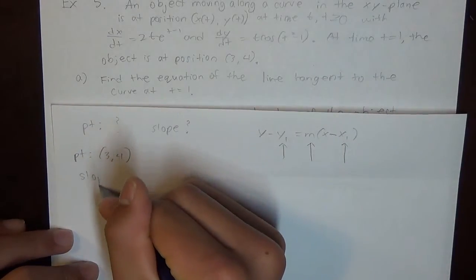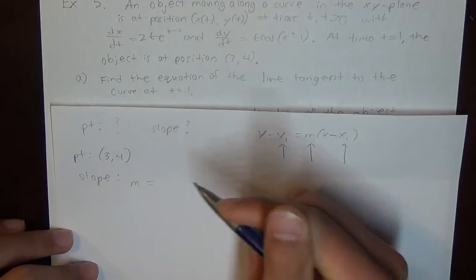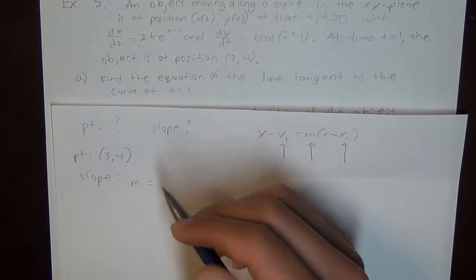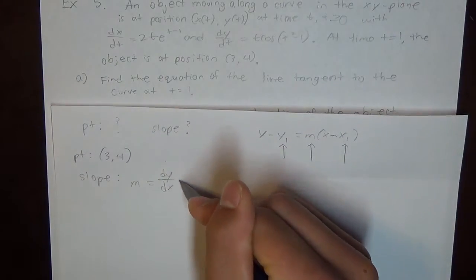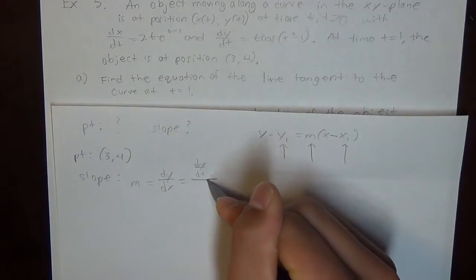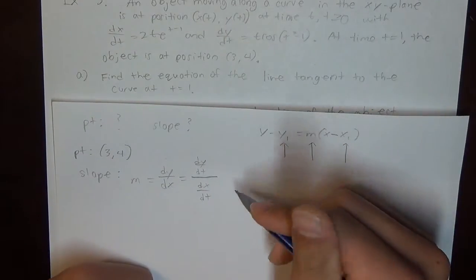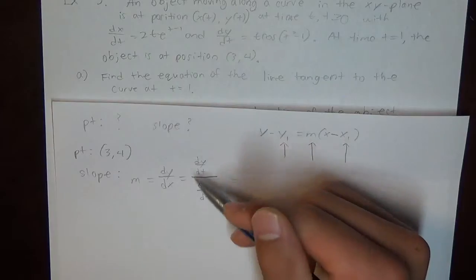And then the slope. Remember that for parametric equations, the formula for slope is dy/dt over dx/dt. And this is another formula that you most likely have to memorize.